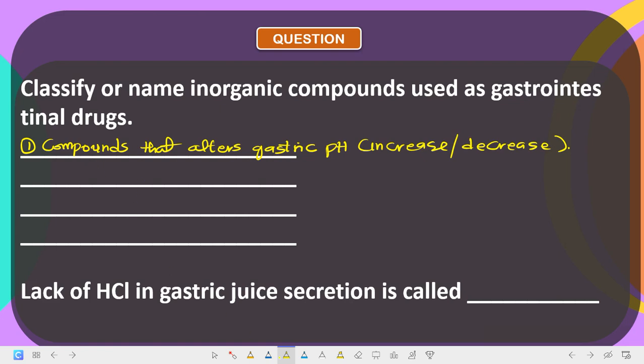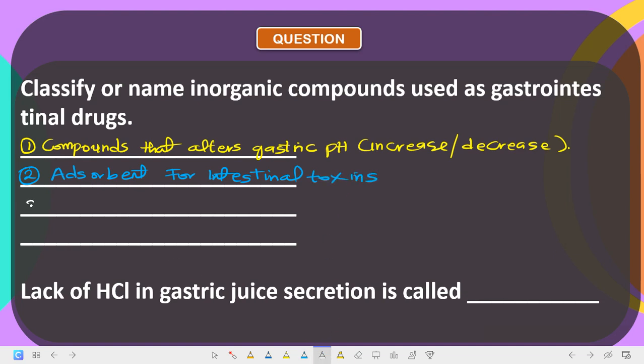Okay, that is one: compounds that alter gastric pH. Number two, we have adsorbents for intestinal toxins.